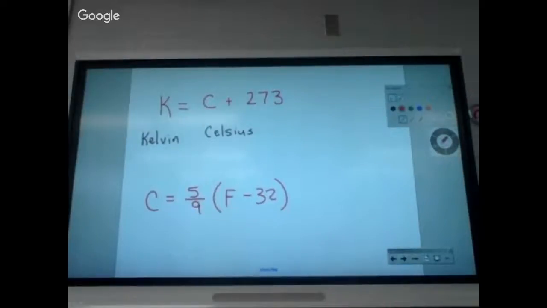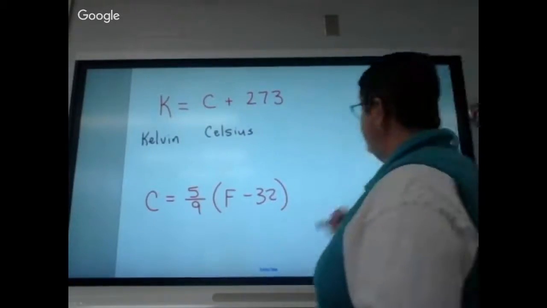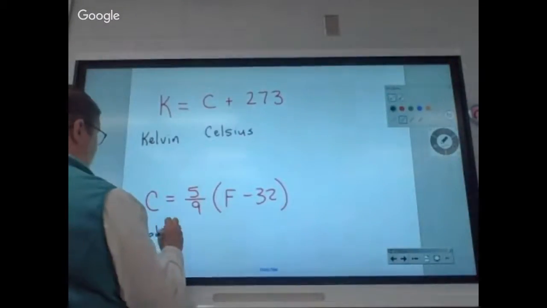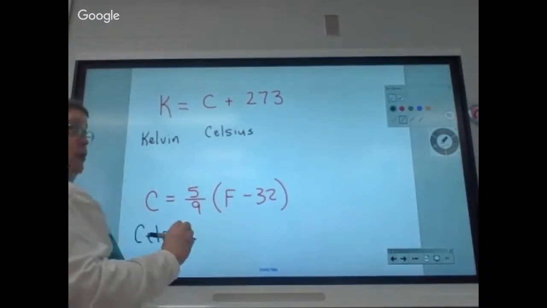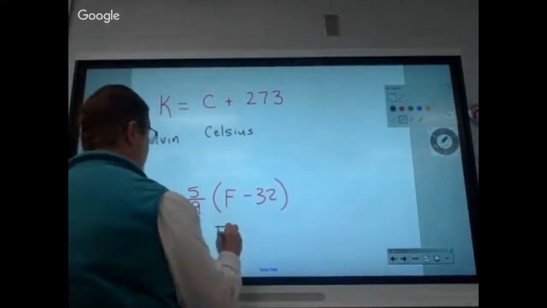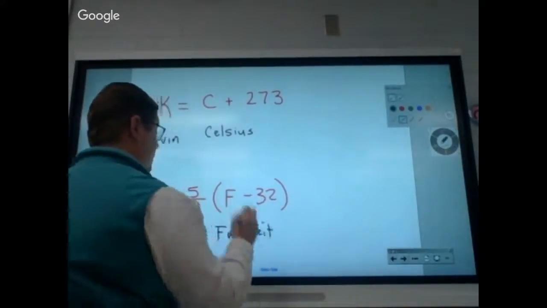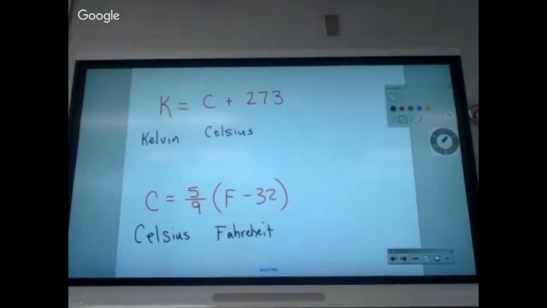That one you have to be able to use on the final exam because the state gave it to you. The one you're writing at the bottom, you have to be able to use too. Because you're in an honors class, I'm expecting that you should be able to do this. So Celsius and Fahrenheit, I'm expecting that you should be able to use the formula.